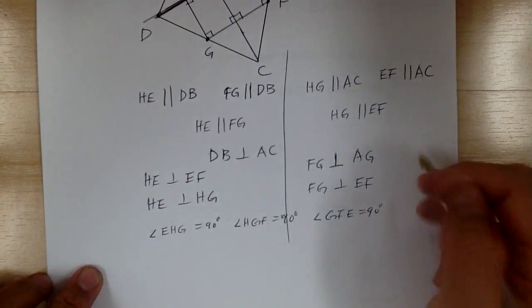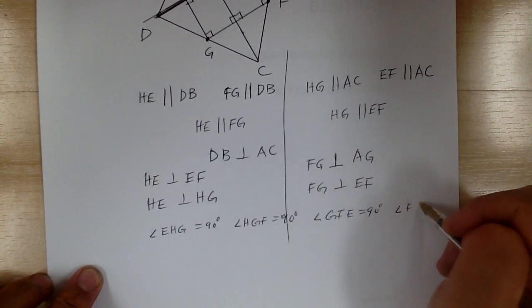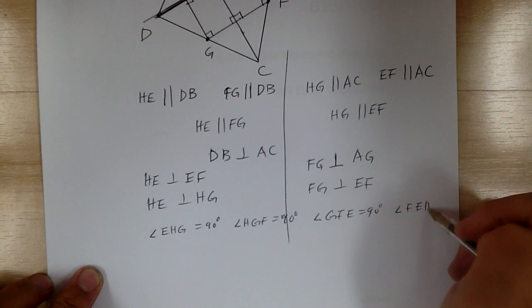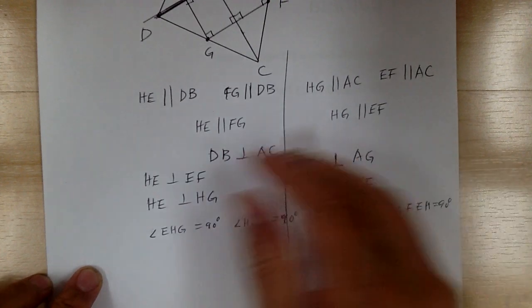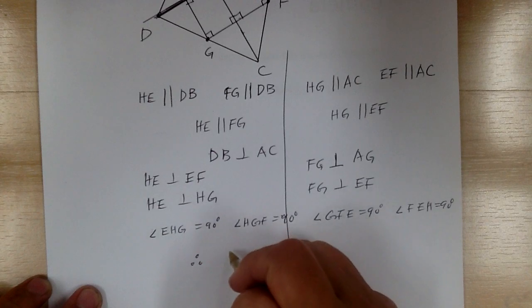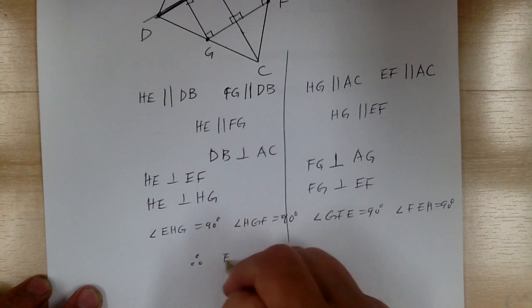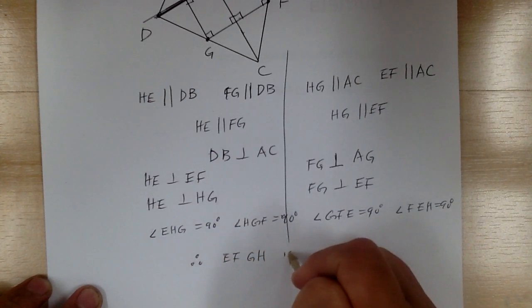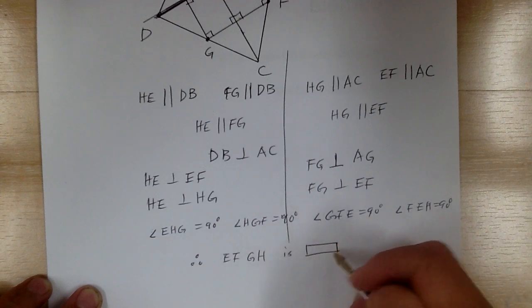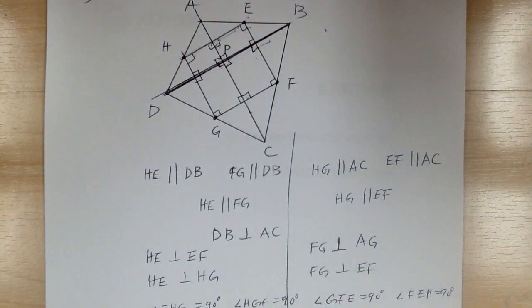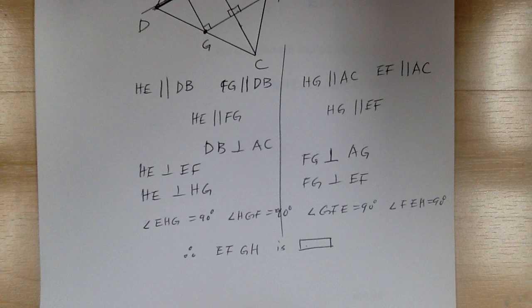And then you're going to have angle FEH equal to 90 degrees, and therefore EFGH is a rectangle because you have 4 right angles. Okay, and that's it for this one. Okay, let's go to 204.